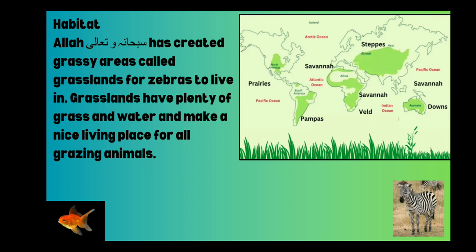Allah subhanahu wa ta'ala has created grassy areas called grasslands for zebras to live in. Grasslands have plenty of grass and water and make a nice living place for all the grazing animals. So which animals are grazing animals? The animals that eat grass. Cows, buffaloes, sheep, all of these are grazing animals.